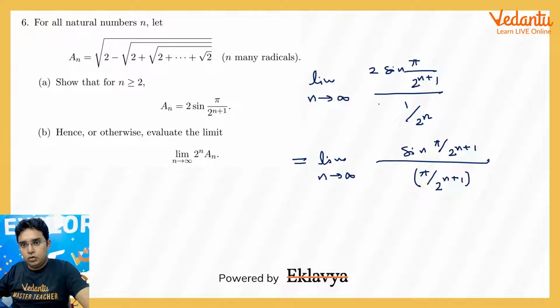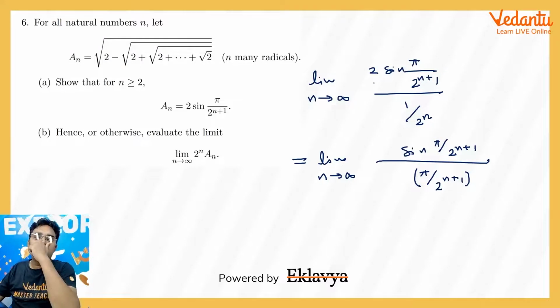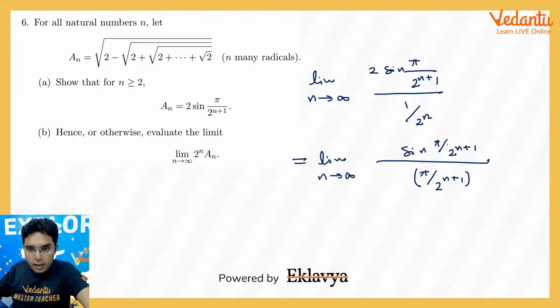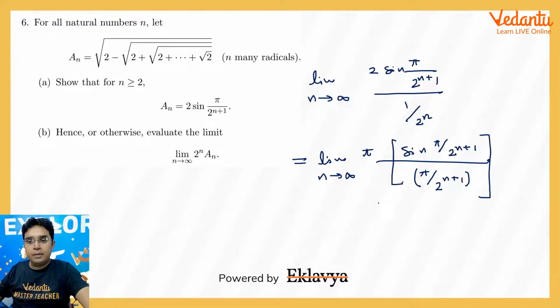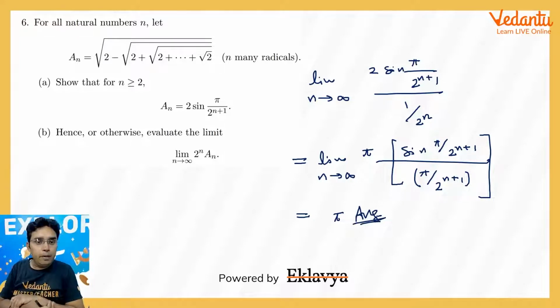Okay, this 2 will be coming here. And for that I have to multiply with pi, and this will become sine x upon x form, where x approaches 0. So this answer will become equal to pi. So the answer for this question, B part, is pi.